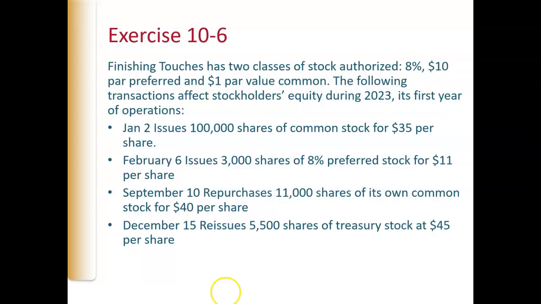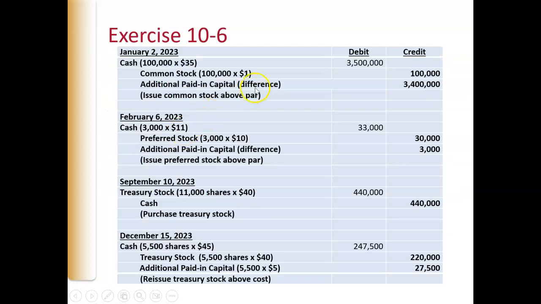So, the first one, January 2nd, issues 100,000 shares of common stock for $35 per share. So we see the par value's at $1, right? We're issuing it for $35 per share. We'll debit our cash for the whole amount. We credit our common stock for the par value, 100,000, and we credit our additional paid-in capital for the rest.